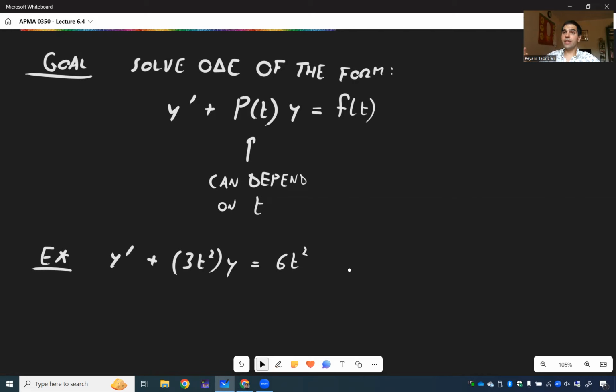And it's still the same idea. You multiply it by an integrating factor to use a product rule. So step 1, integrating factor.